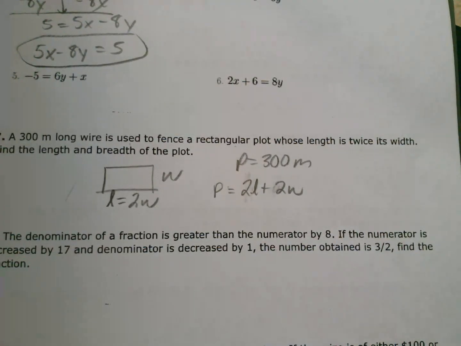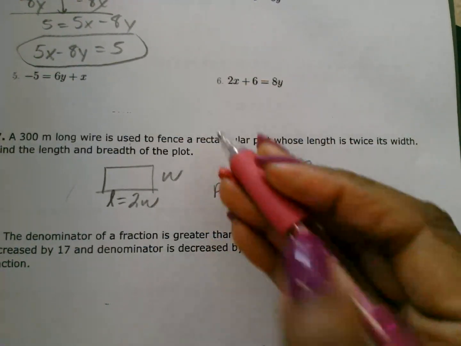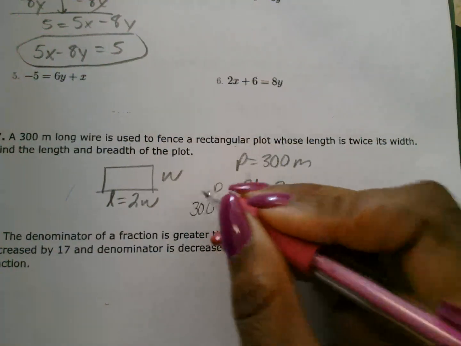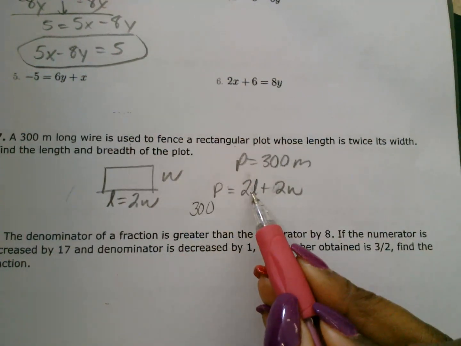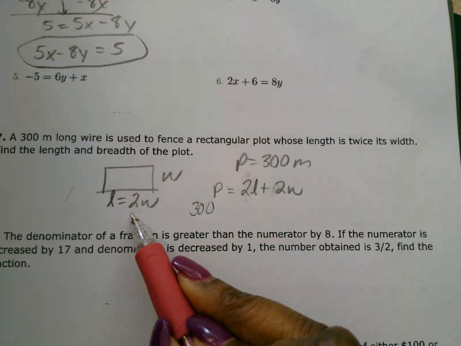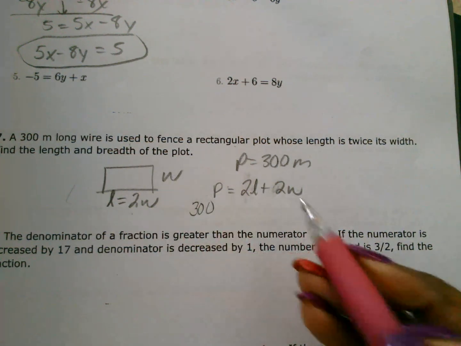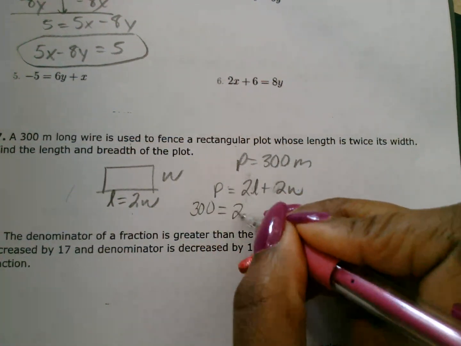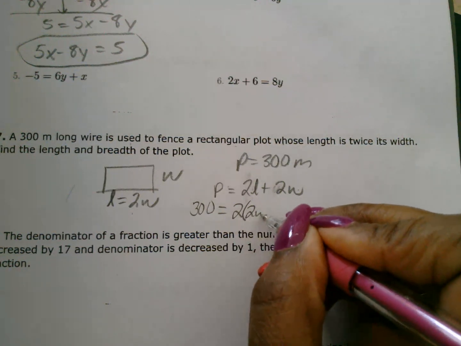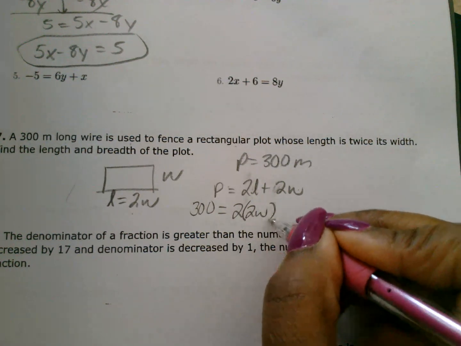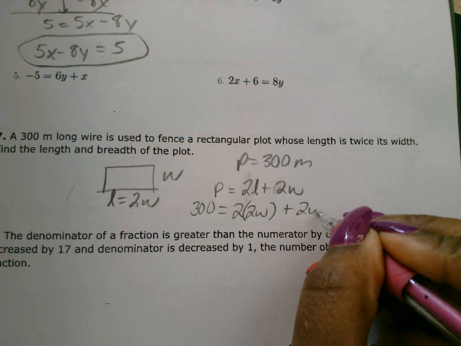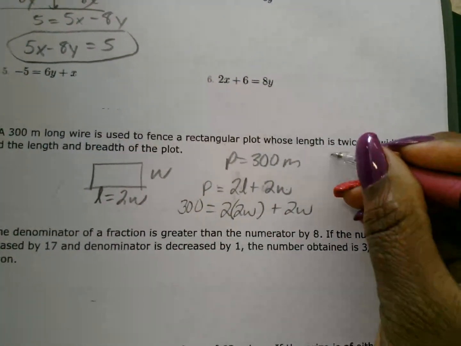All right, so we substitute. We're going to put 300 here, and we're going to replace L with 2W, and then W just stays as W. So this is what you have, 2 times 2W plus 2W.